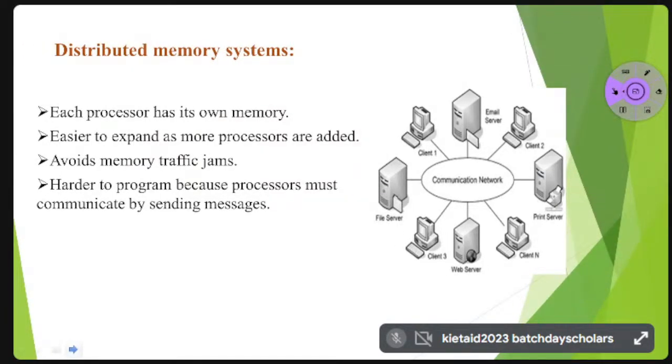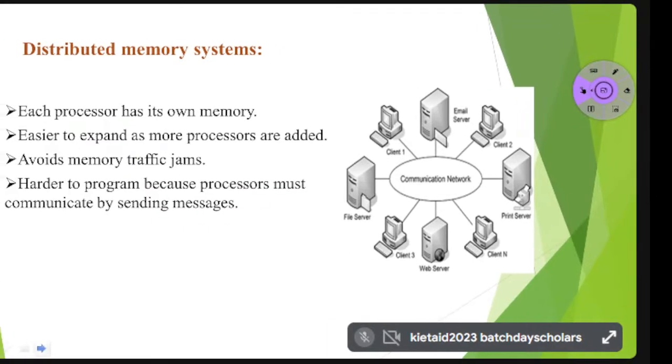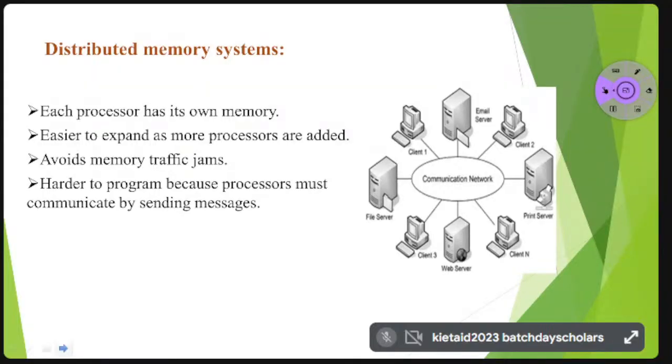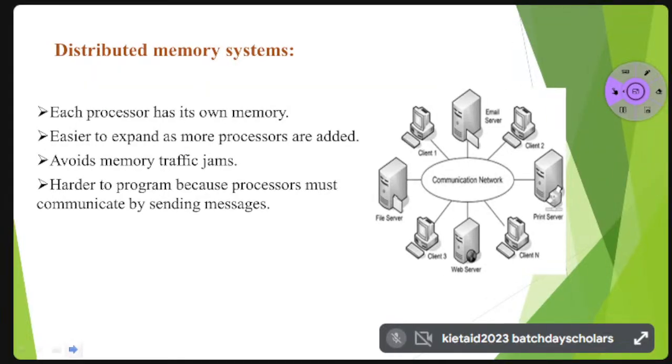In the same way, each processor, here client 3 will have a web server. Client 1 will have its own CPU and own data set. Client 2 also has an email server, and client N has a printer server. Different users will have different kinds of storage devices. When the storage device of client 3, the web server, is already filled and he still wants to store data, he could not accommodate it at the web server.